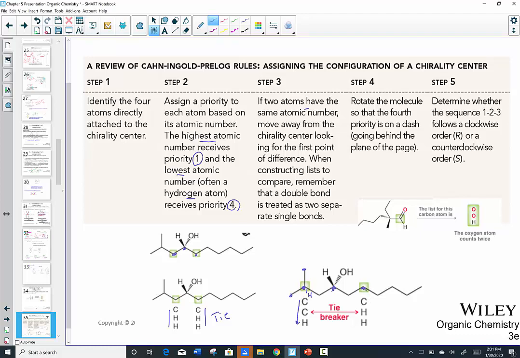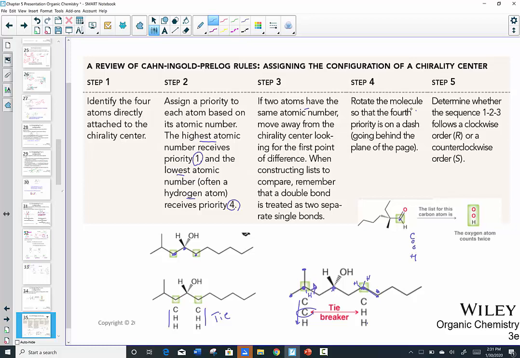This carbon is attached to a carbon and 2 other hydrogens, so its list is CHH. Here is the tiebreaker. This side is of higher importance, a higher priority than this side. And the last, if this carbon is attached to a double bond oxygen, remember to count it twice.